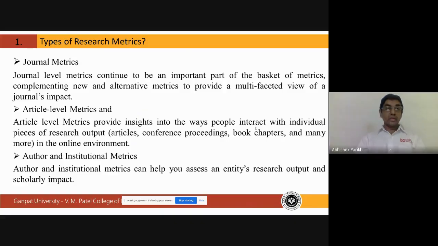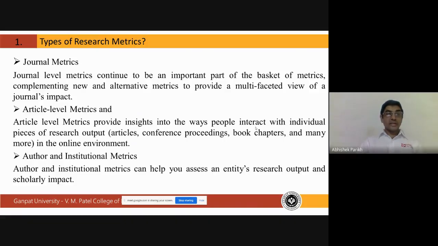If we define the level or perspective of the metrics, broadly we can classify them into three categories. The first is general level metrics, the second is article level metrics, and the third is author and institutional level metrics.